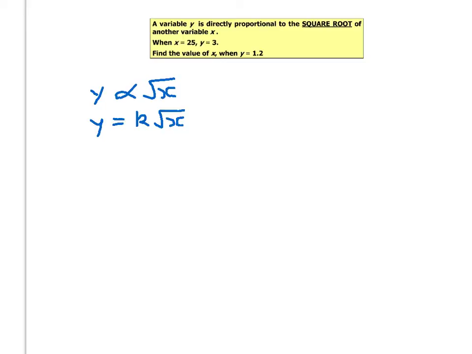So we're just going to put those numbers in. So y, which is 3, is equal to k multiplied by the square root of some number x, which is 25. Now I know what the square root of 25 is, so we can call that 3 equals k times 5.